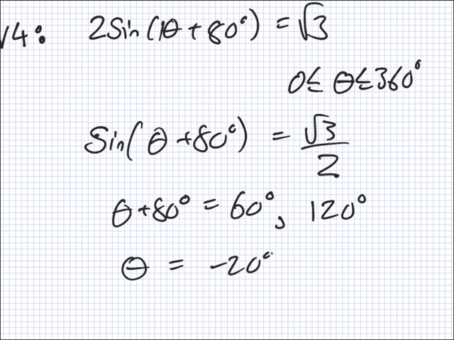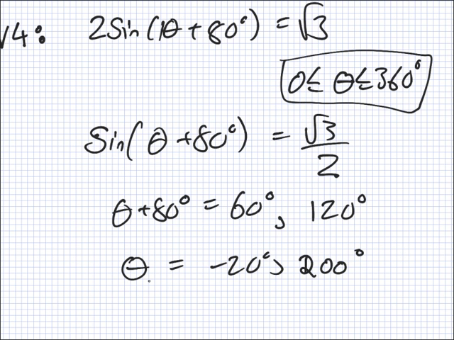Bring the 80 over, and 200, isn't it? Yeah. And then finally, what do I do? I have to fix the first answer because it fell outside the range. How do I fix it? Add 360, so I get 340 and 200.